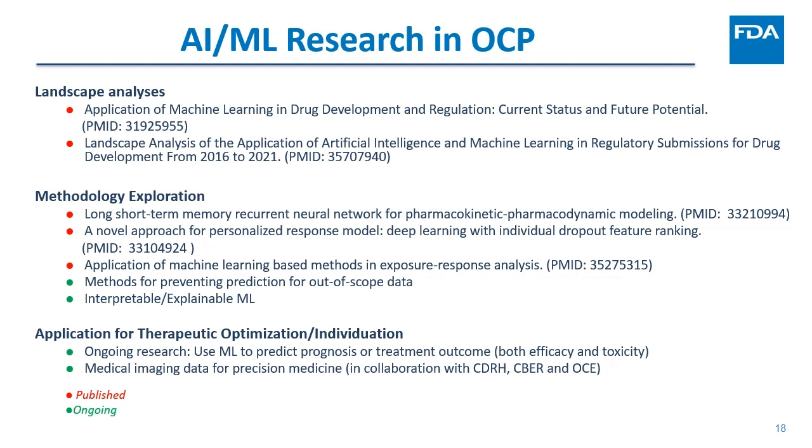In addition, we try to apply machine learning models into therapeutic optimization and individualization. Several projects are undertaken in the 3 directions, and some of the project results are published while some others are still ongoing. We'll list our recent publications in case you are interested in.